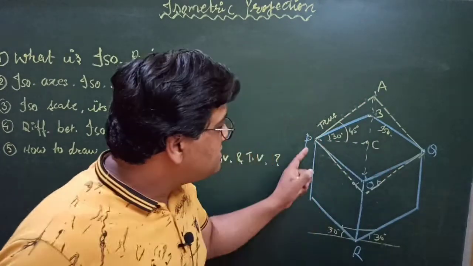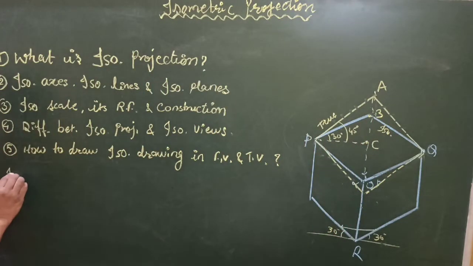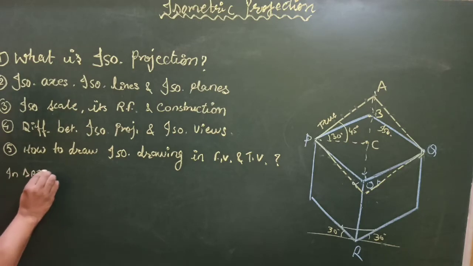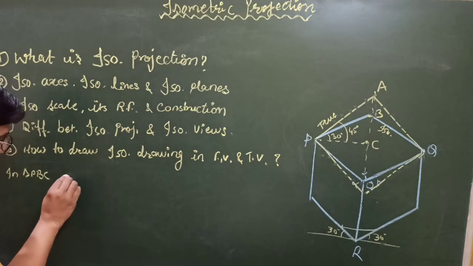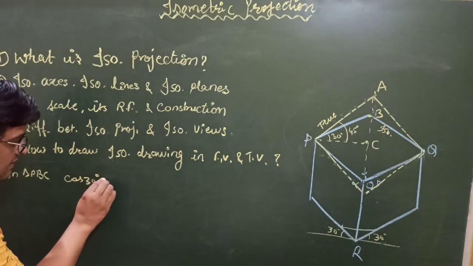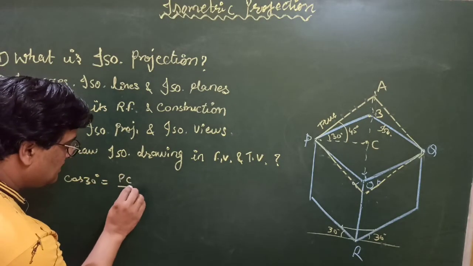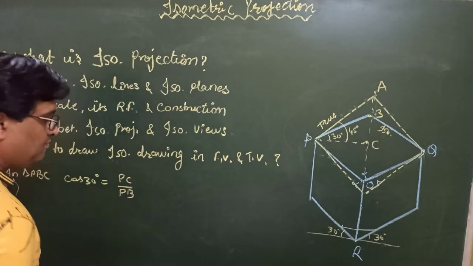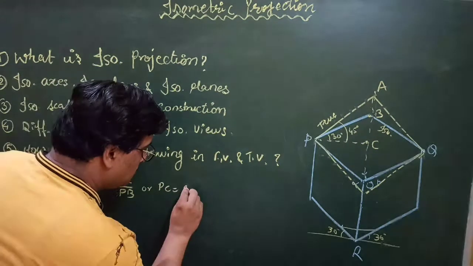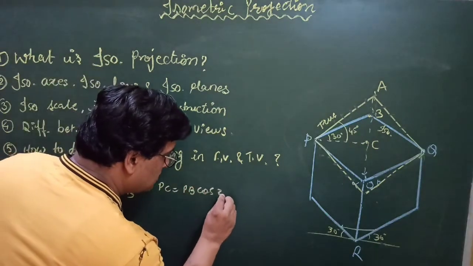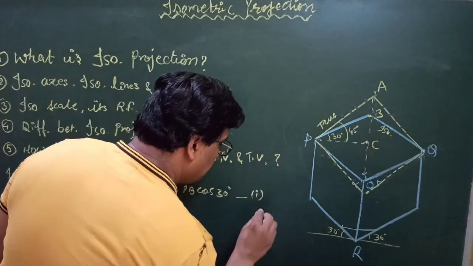So in triangle PBC, we can write down that cos 30 degree is equal to PC divided by PB, or PC is equal to PB cos 30. We can say this is equation number 1.